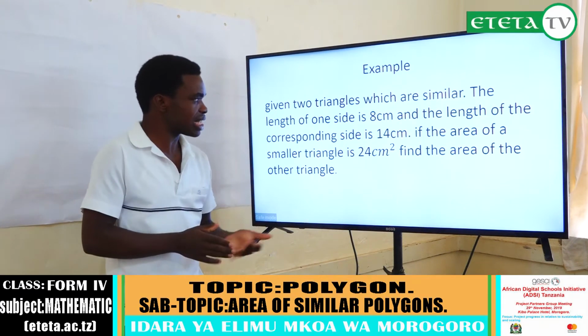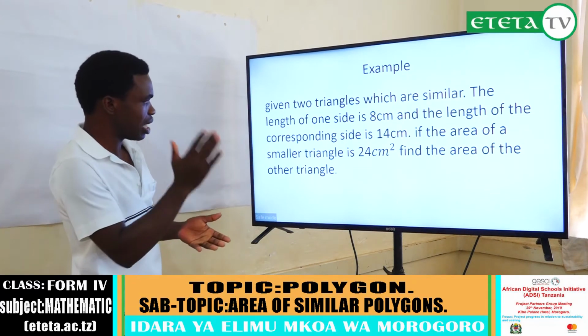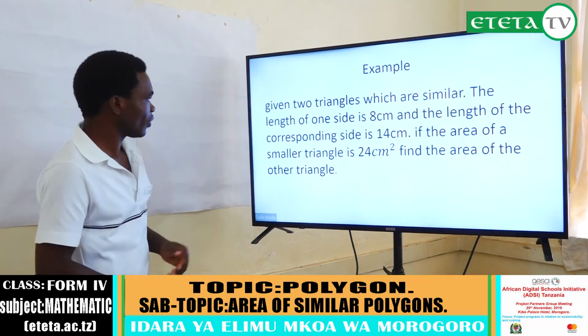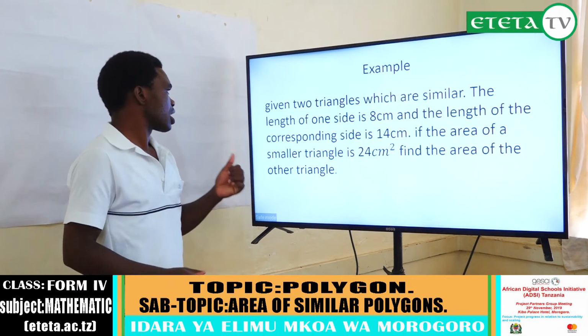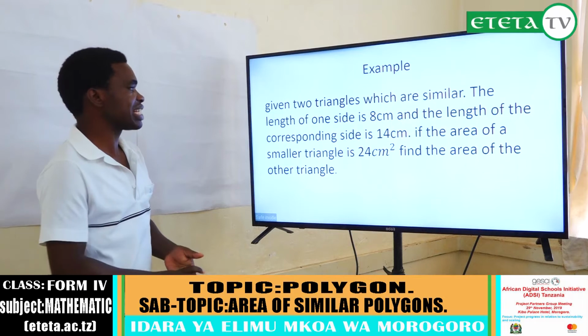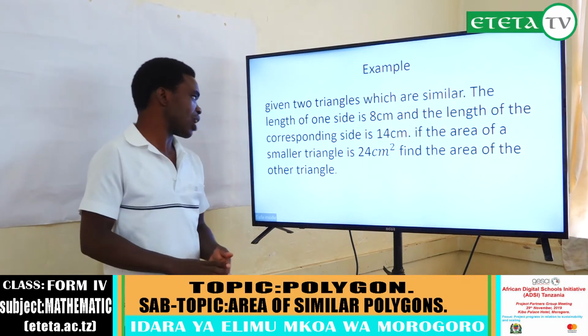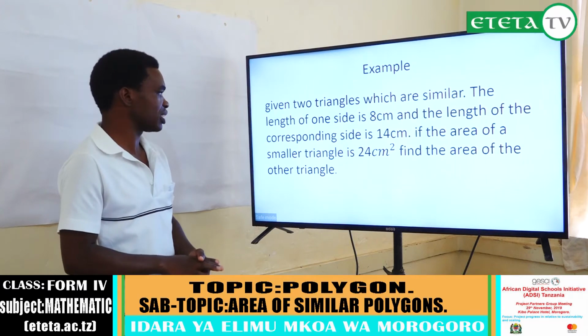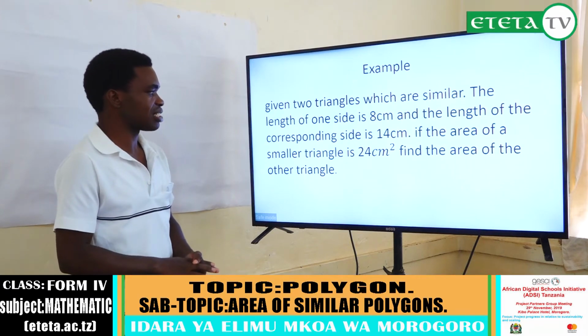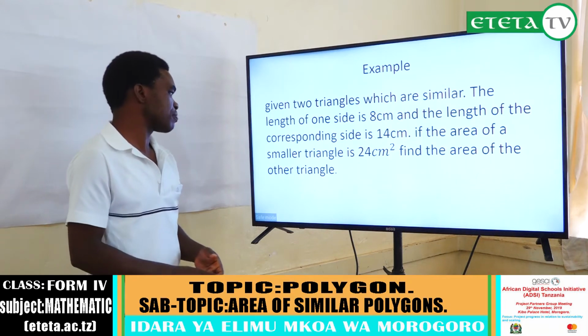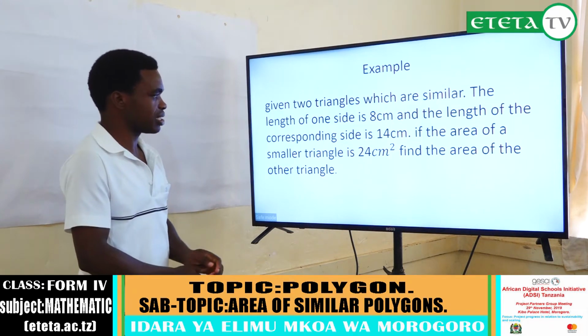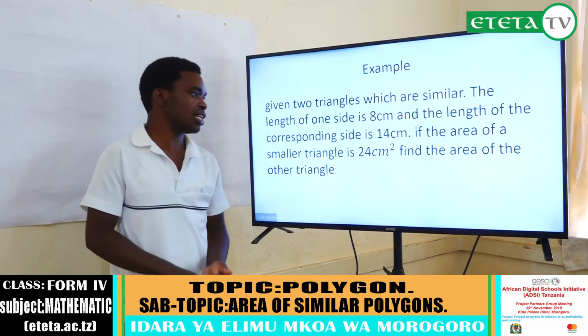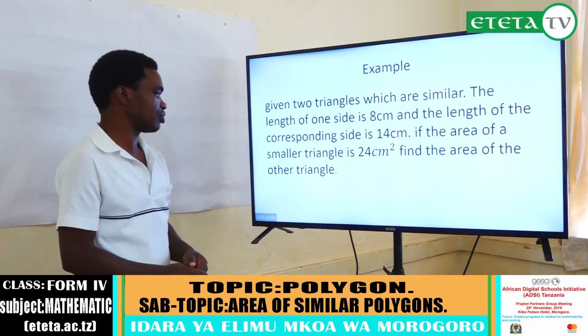This is the first example in this lesson. The question says, given two similar triangles, the length of one side is 8 cm and the length of the corresponding side is 14 cm. If the area of the smaller triangle is 24 cm squared, find the area of the other triangle.